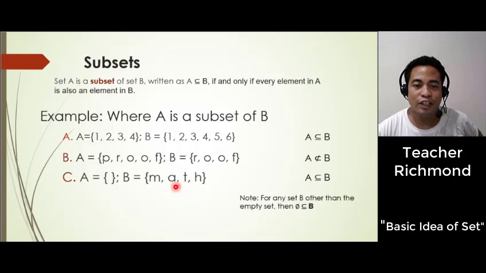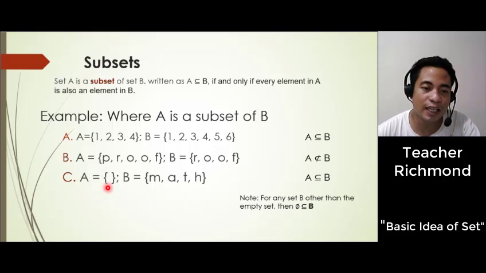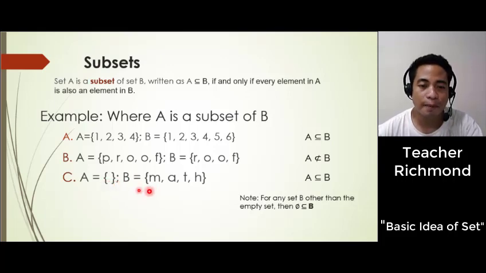By definition, every empty set is a subset of every set. Okay? So, that's why set A, which is an empty set, is a subset of set B, because every empty set is a subset of any set.